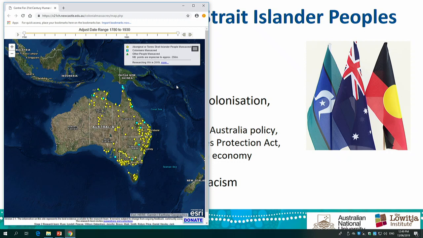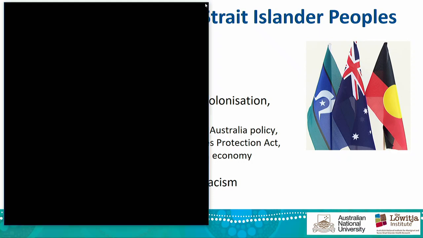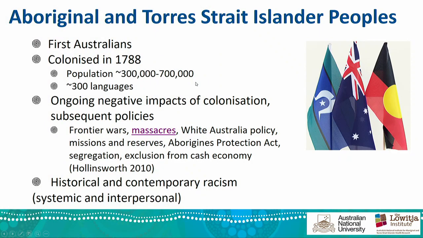So of course they're the areas mostly affected in the early days first. But I think the last recorded massacre wasn't too long ago either. So I just wanted to highlight that these resources are available to understand our history a little bit better.